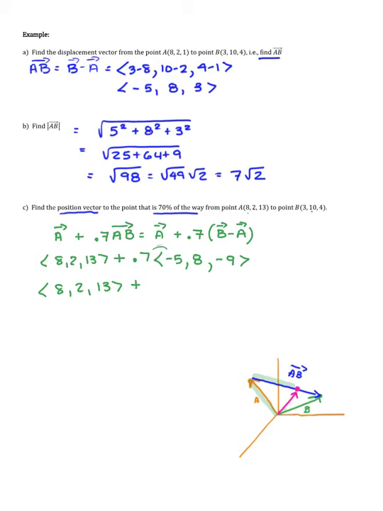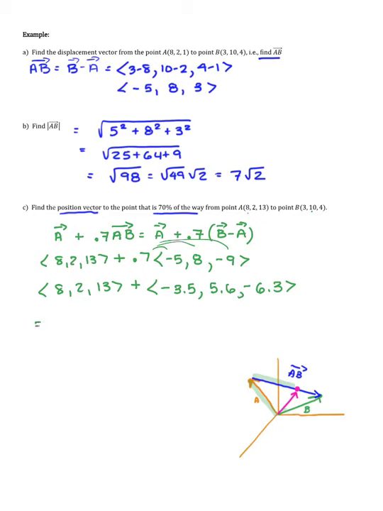I'm going to distribute that 70% to everything, so that's going to give me -3.5 and a positive 5.6 and a -6.3. So you're multiplying everything by 7 with one decimal place. And now we add the two together.